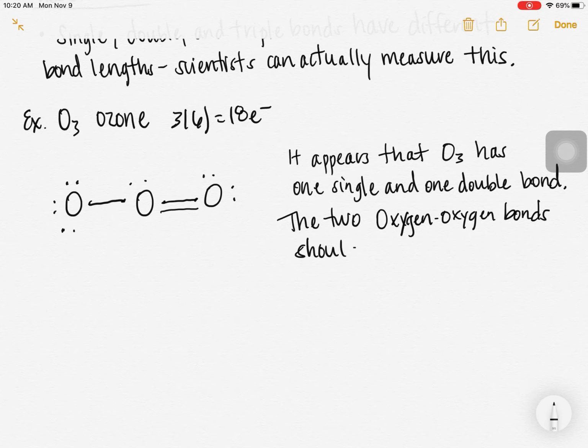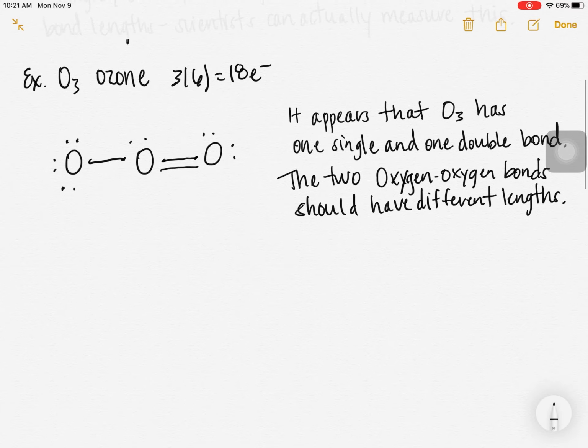And they should have different lengths, because like we said, one is a single, one is a double, and we just previously learned that a single bond and a double bond have a different length. So it's pretty evident based on my picture that it sure looks like O3 has a single and a double, so therefore they should have two different bond lengths.